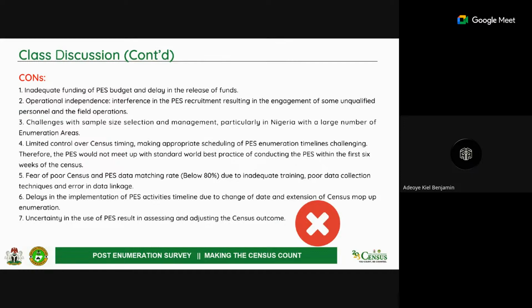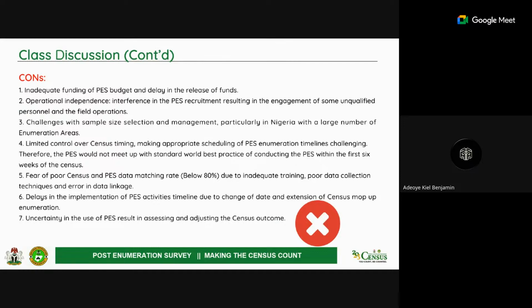This refers to both the census taking and the PS taking, because you're going to be analyzing how they link and match. If the census is well taken and the PS is not well taken, we have a problem. So everybody has to be on point. Enumerators and data collectors have to be right on point. By the time you're doing your matching, the records should be aligned at 80% or above. If not, there's no point in the PS.